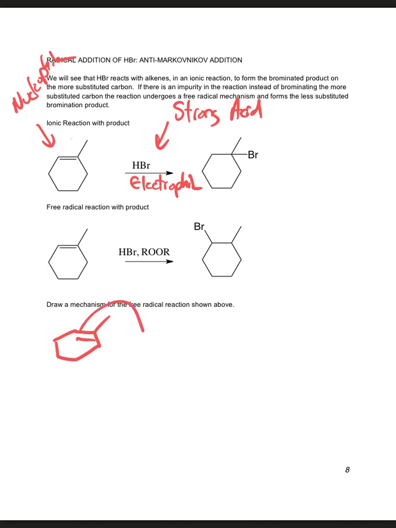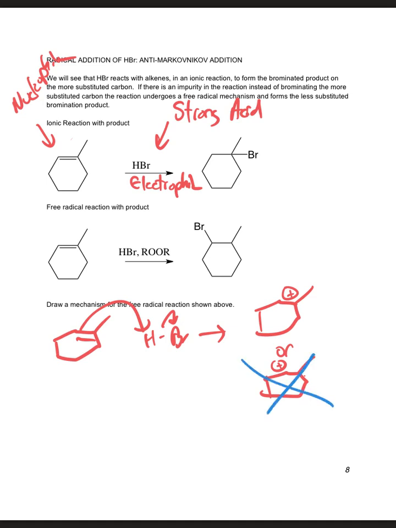The alkene goes and grabs a hydrogen from the HBr, and it's going to give us either of the following 2 possibilities. It's going to give us a positive charge on the more substituted carbon, or the positive charge on the less substituted carbon of what was the alkene. And we all know that cations, the more substituted they are, the more stable they are.